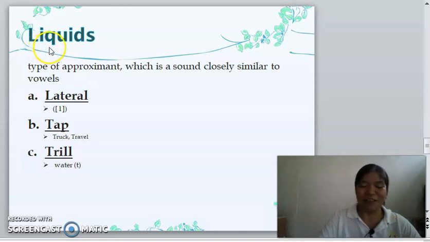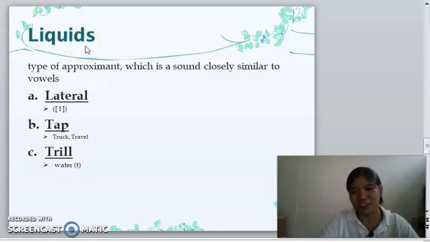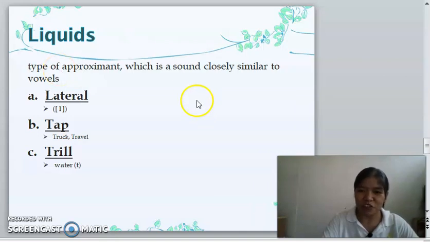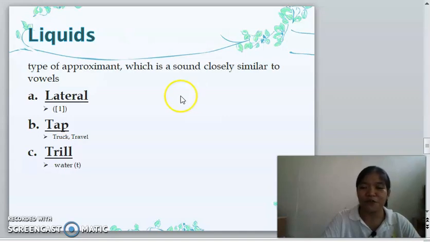Liquids. Liquids is a primitive or an old name for lateral. I don't know why it's still called liquids now, but liquids is a type of approximant, which is a sound closely similar to vowels.